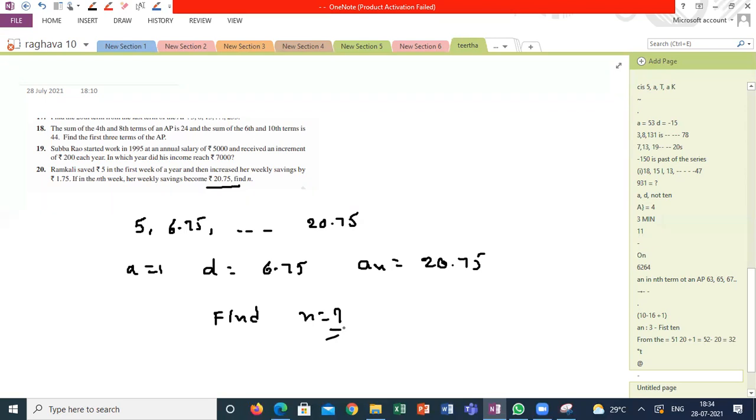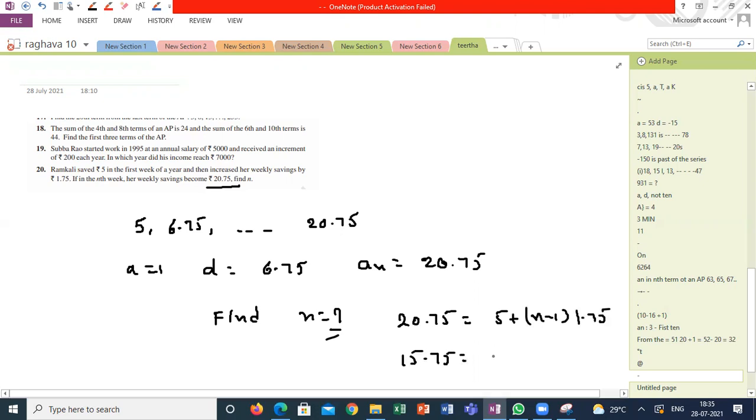Sir, n is 10. Guys, did everyone get that n is 10? 20.75 is equal to 5 plus n minus 1 into d, n minus 1 into 1.75. This is 15.75 is equal to 1.75 into n minus 1.